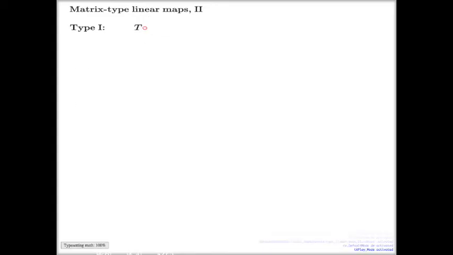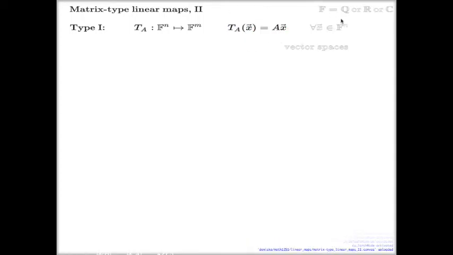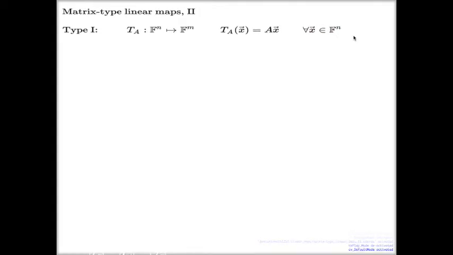That was the type which was acting between two m-tuple spaces, and that was defined via a matrix, like this, via matrix multiplication. X was an element in Fn. A was a matrix of the appropriate size. F was one of the number fields, Q, R, C. That's a type I just recalled for you at the beginning of today's meeting.